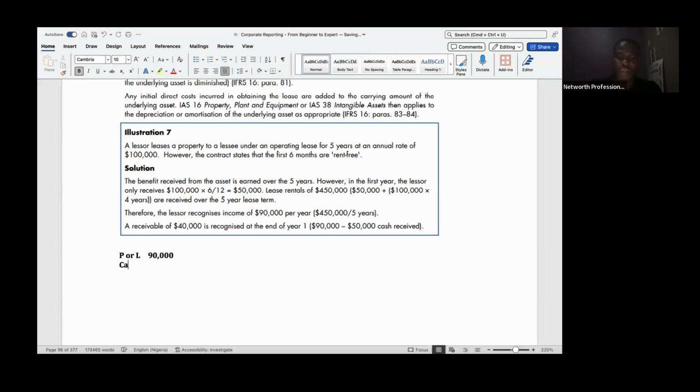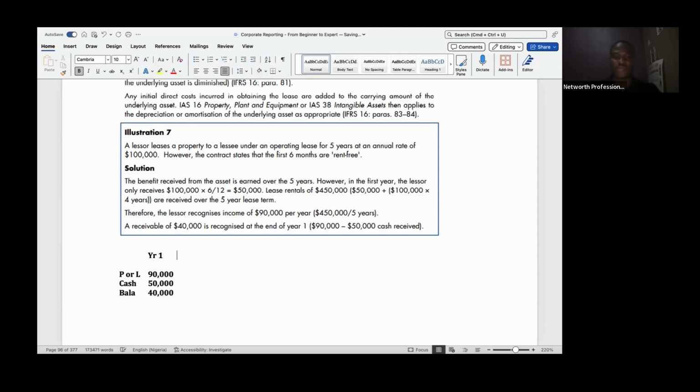But how much are you going to get? You won't get 90 in the first year. What you are getting in the first year is 50,000. What happens to this balance of 40,000? This balance of 40,000 will go to your receivable in this first year, year one.